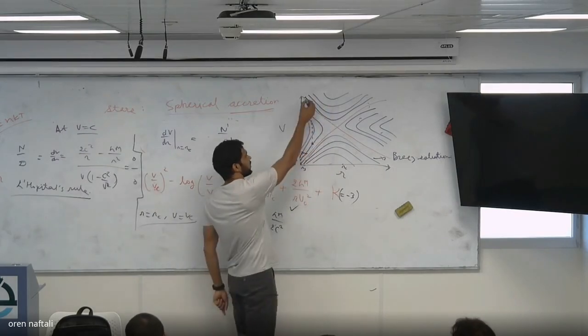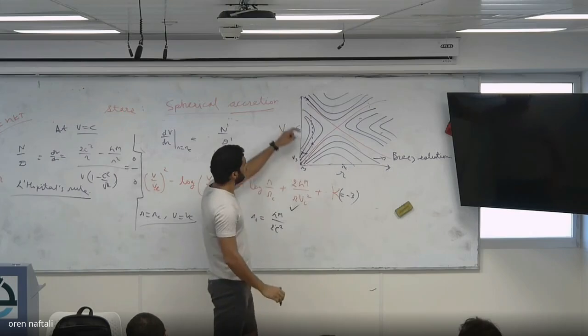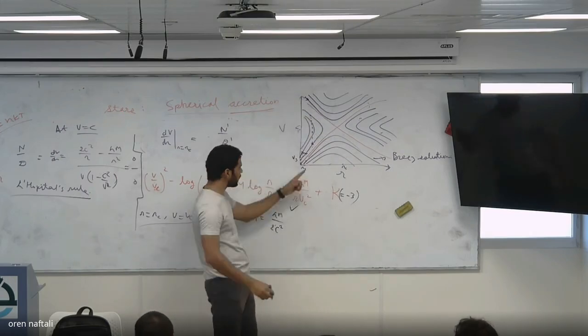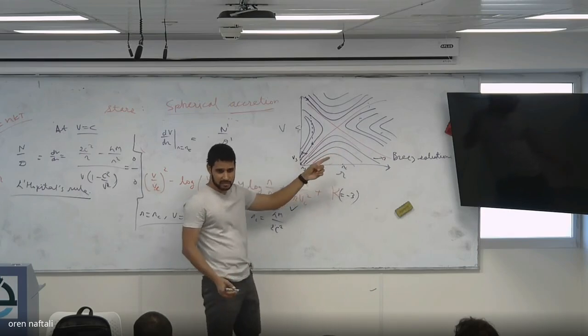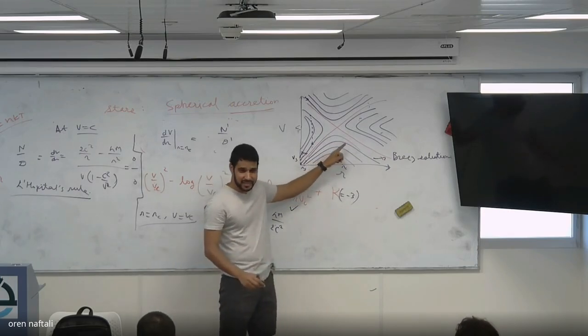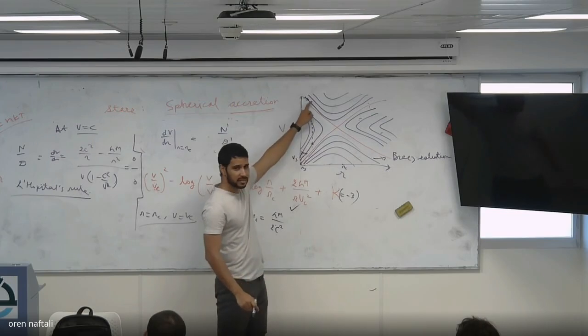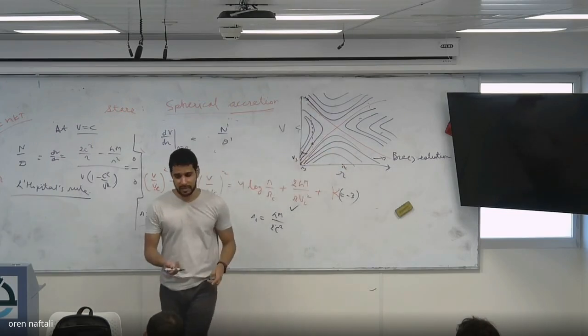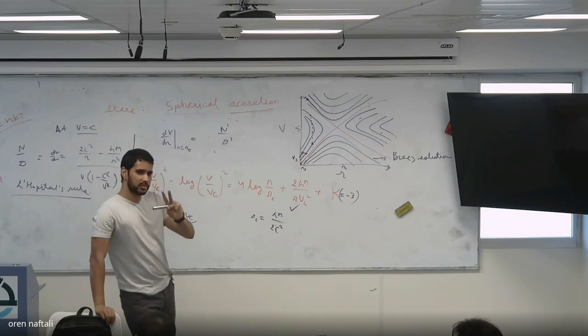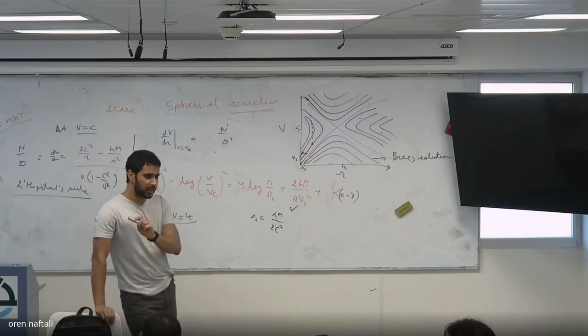You inject the matter with supersonic speeds. Why does it slow down? Here the matter is just accelerating, right? When you inject the matter with small speeds, it accelerates. When you inject the matter with high speeds, it decelerates. It's the interplay of thermal pressure and gravity.